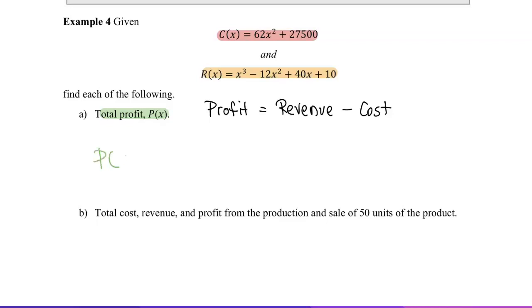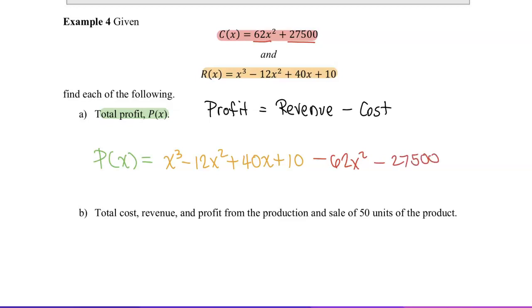So here's P of x. Subtract the revenue function, what I highlighted in the orange, by that red cost function. So I'm going to subtract both of these terms. So I will have minus 62x squared and minus 27,500. Now we just have to simplify by combining like terms.